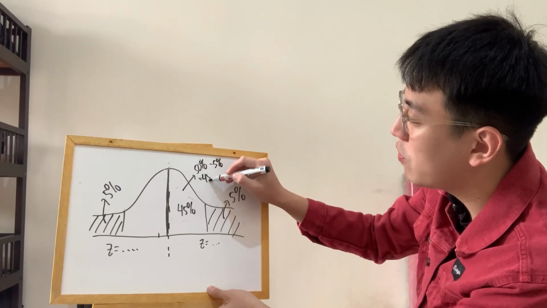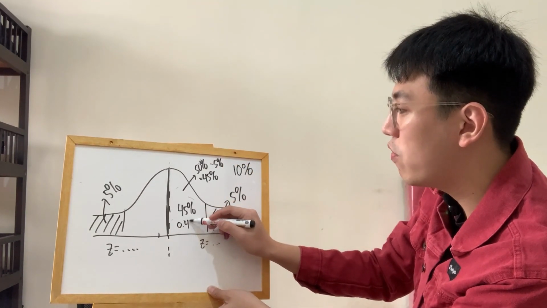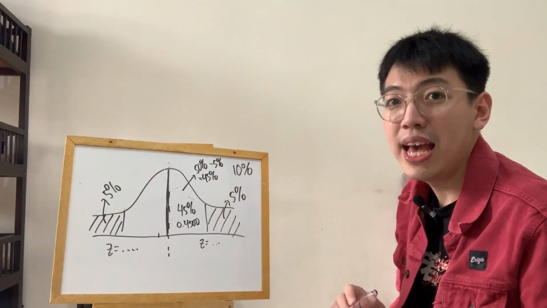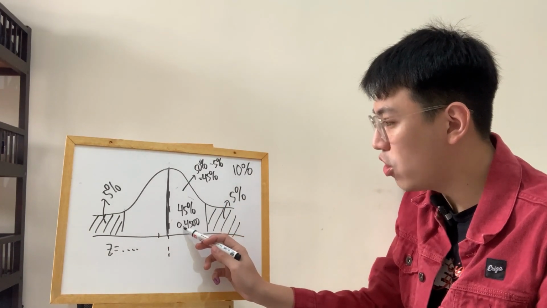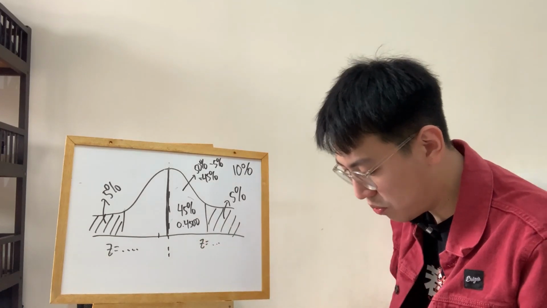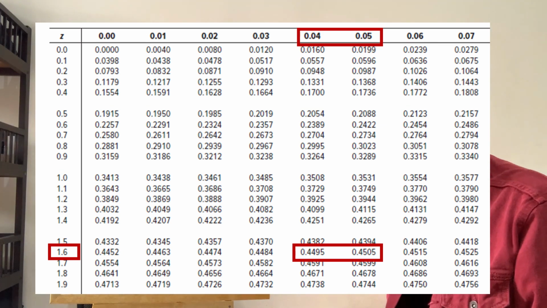It is 45% or 0.4500. Okay, now let's find the C here. If the area is 0.4500, it is either 0.4495 or 0.4505, right?